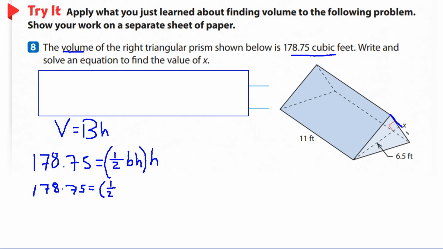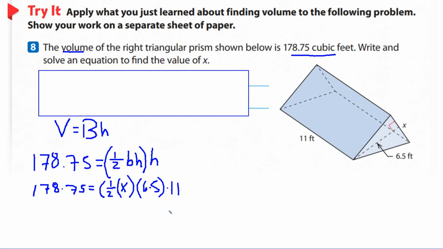We don't know what the base is. See, that's x. Instead of b, I'm going to put x. That's what we're looking for, times the height. And the height is 6.5 feet. And then the height of the whole prism is 11 feet. So times 11, right?